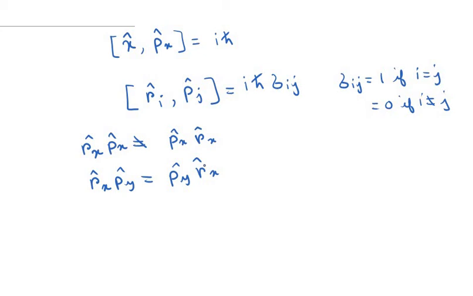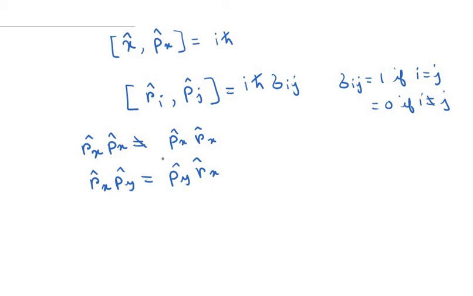But if two operators commute, the values of those two operators can be determined at the same time. So we can determine the position of an electron in the x direction and the momentum of the electron in the y direction at the same time.